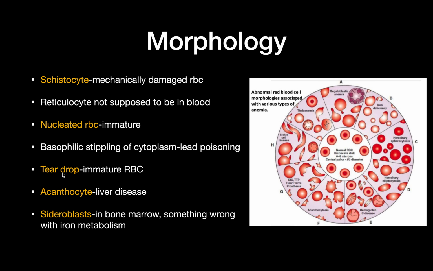Teardrop cells are dacrocytes, immature red blood cells that have been damaged coming out of the bone marrow. Acanthocytes are going to be in liver diseases, while sideroblasts are going to be in the bone marrow, and it is characterized by some kind of problem in iron metabolism.